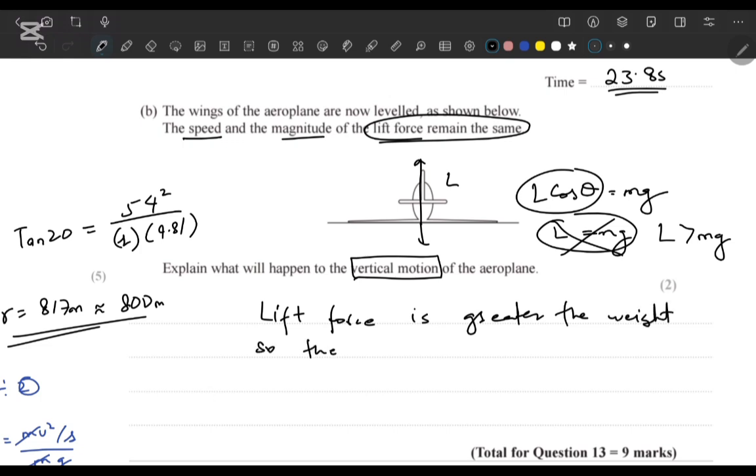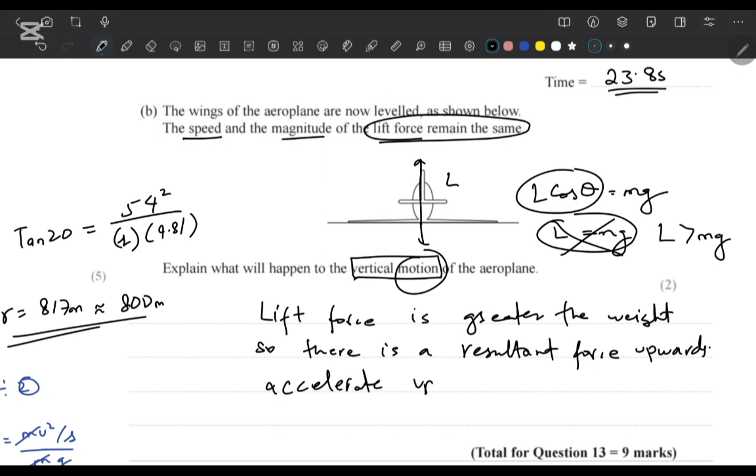So there is a resultant force upwards. And they want you to talk about motion. So you're going to write the aeroplane will accelerate upward. Okay, that's going to give you 1 mark, and the second mark is here.